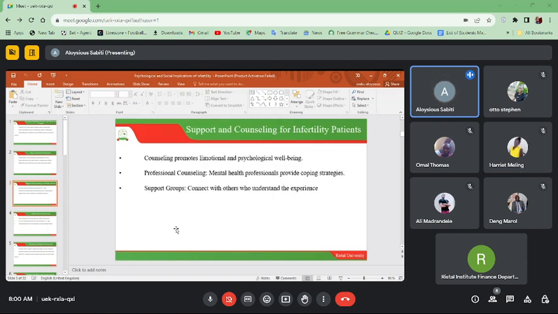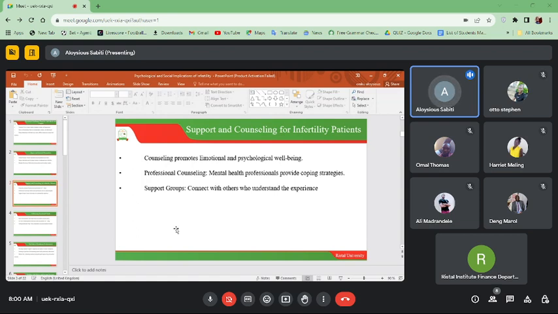So now, support and counseling for infertility patients, it means that this kind of counseling may come from the church, but also it can be professional counseling around health facilities, or what we call community-based counseling, or the support groups.